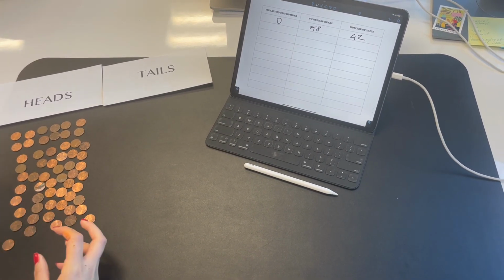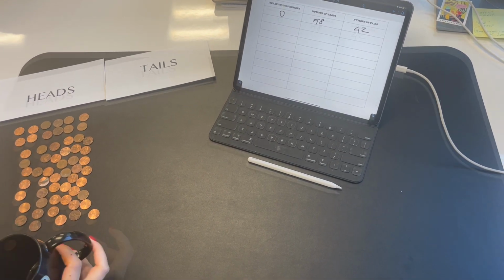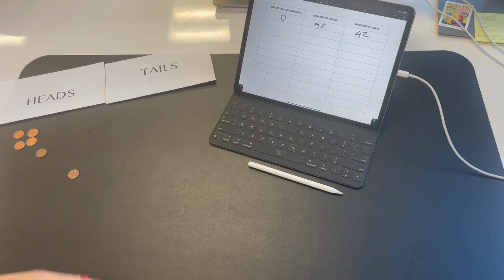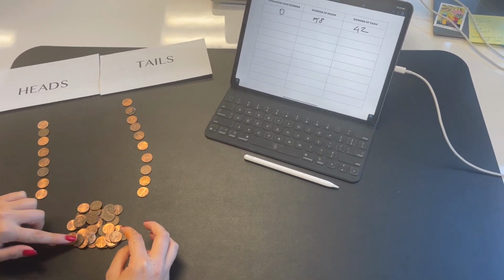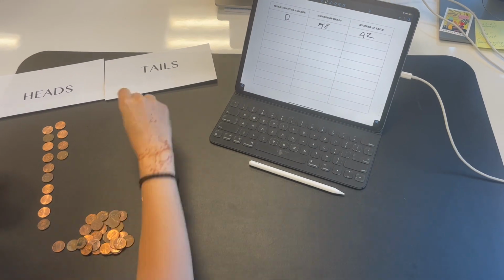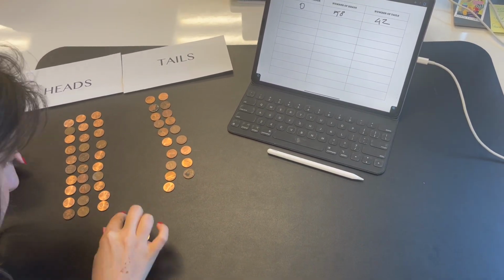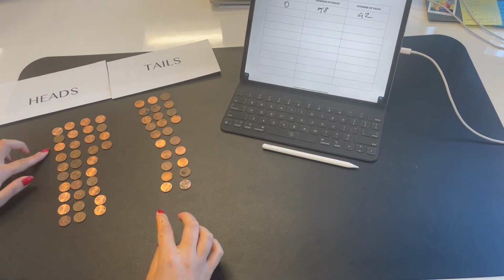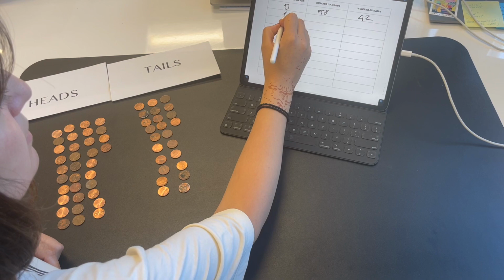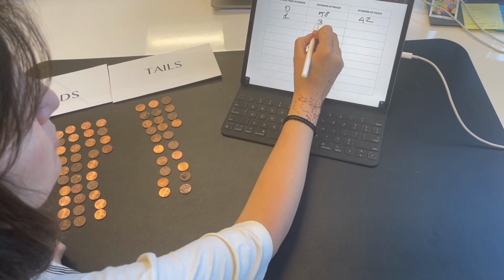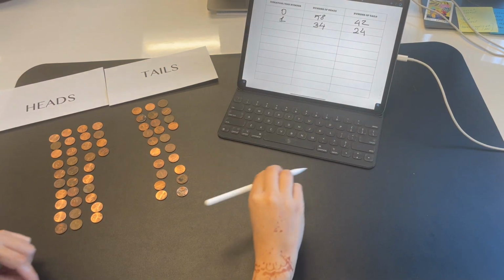Then I keep doing similar steps until no tails are left to remove from the table. This was iteration number 1, and I had 34 heads and 24 tails.